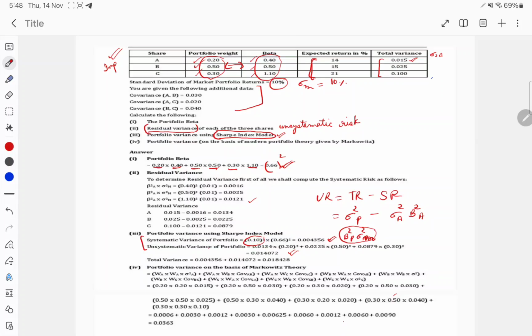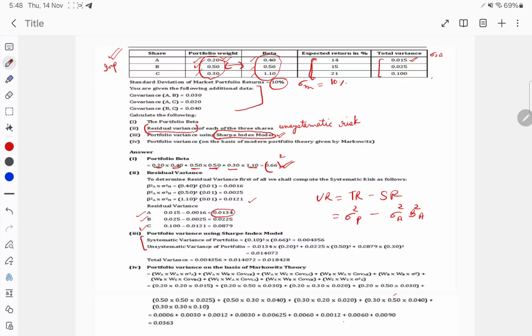Now, how to calculate the unsystematic risk? In the above part of the question, you have calculated the systematic risk of each stock. Do remember this part, because people get confused.